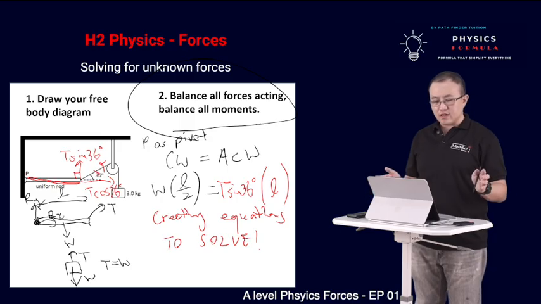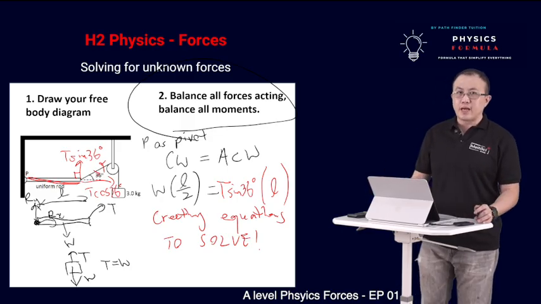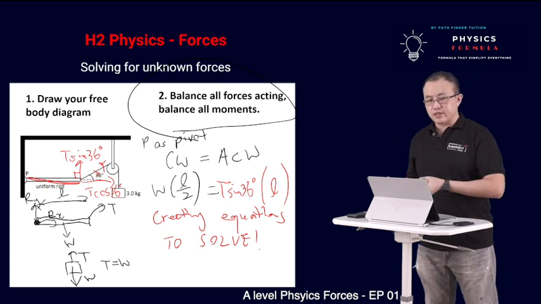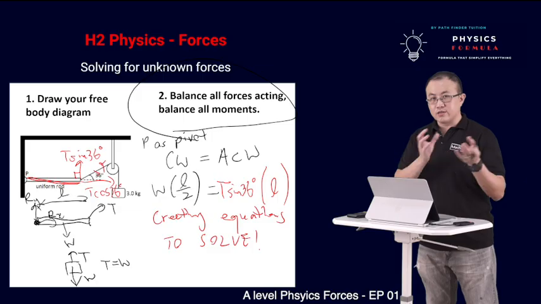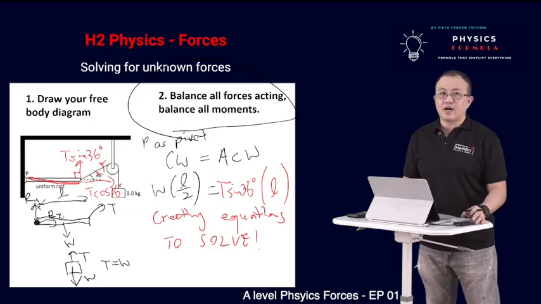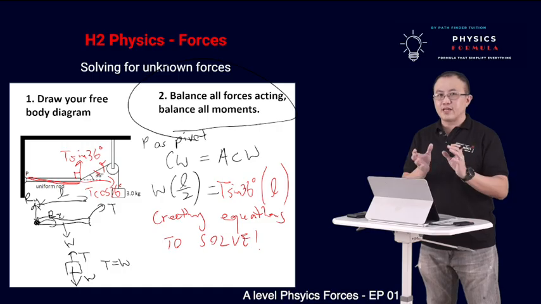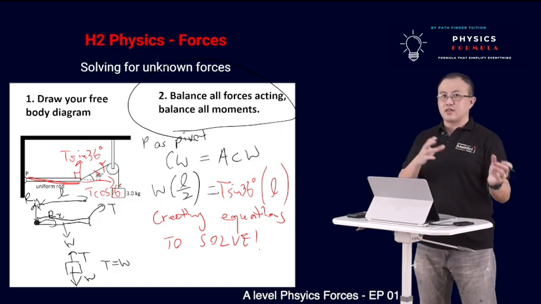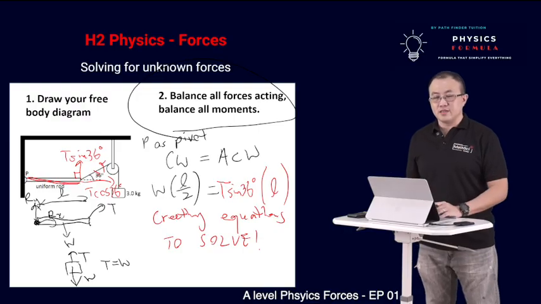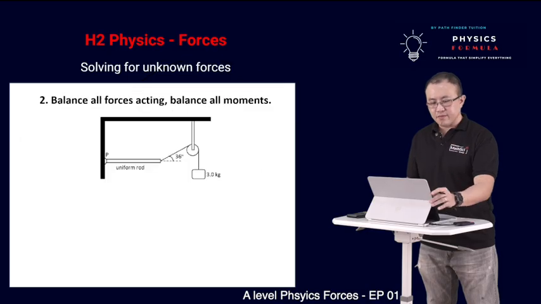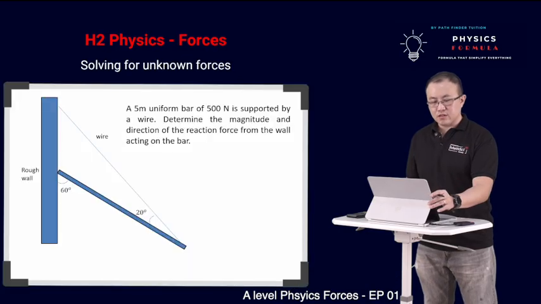Then the clockwise moment and anti-clockwise moment should be balanced as well. But as for the system, you can choose to look at either the 3.6 kg object or the beam itself, or you can look at them together. So it depends on how you want to do it. Sometimes you find that just looking at the beam itself is not sufficient, then you can look at them together. That might be easier.